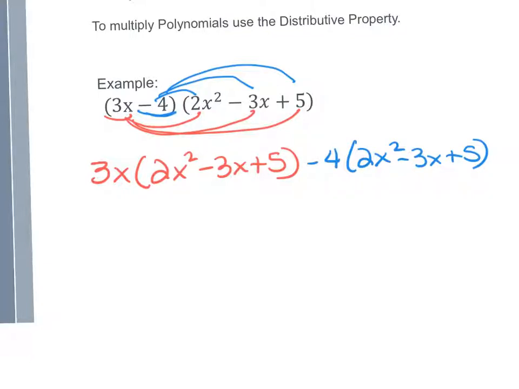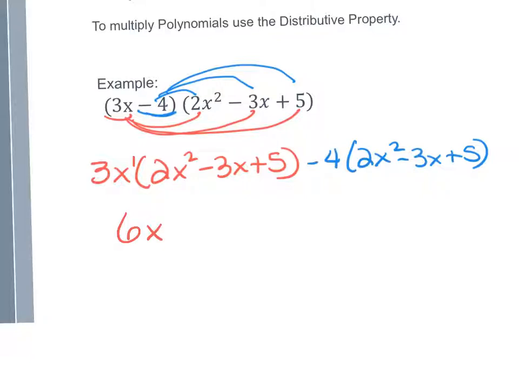So for the red, 3x times 2x squared, I multiply the coefficients, so 3 times 2. Remember on this 3x, I can assume it has an exponent of 1. Remember when you multiply variables that have the same base, we add the exponents.